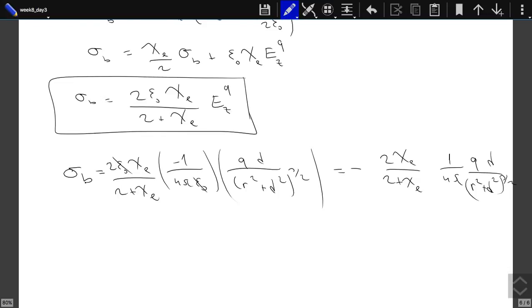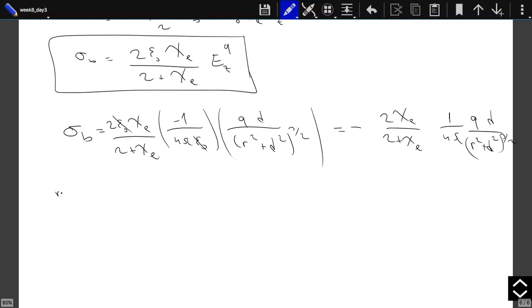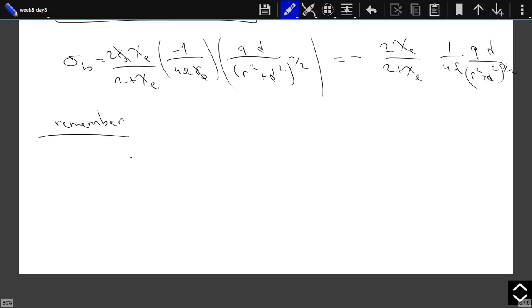But let me remind you of another problem that we had solved. If you remember, we also solved this problem of a point charge in front of a conducting plane. So we had this conducting plane, grounded conducting plane. We had put some point charge over here. So basically there was this image charge on the other side, exactly at the same distance, with exactly the same magnitude.